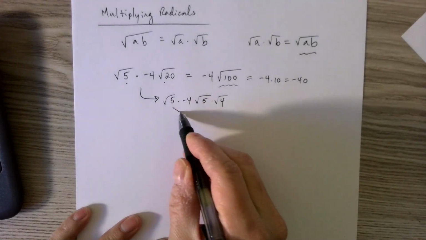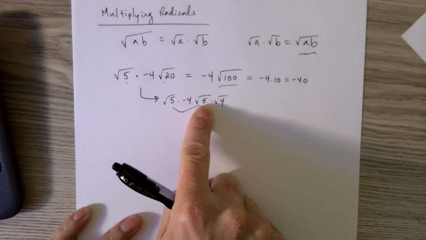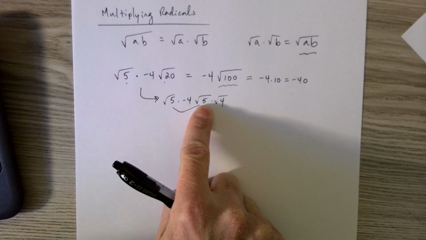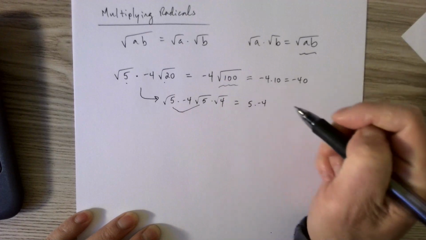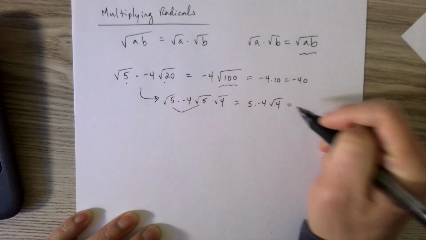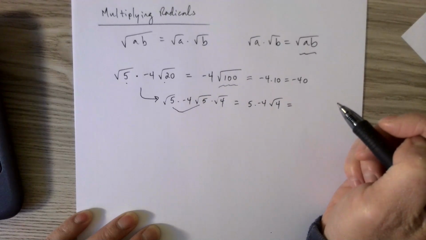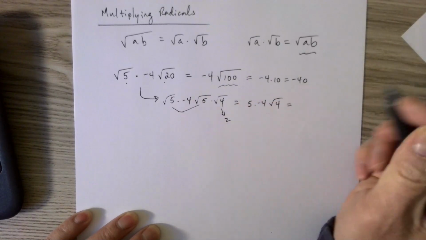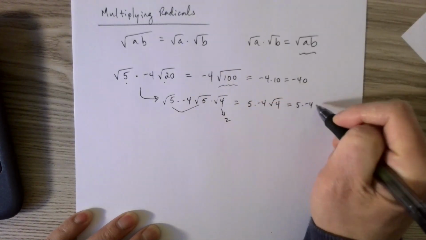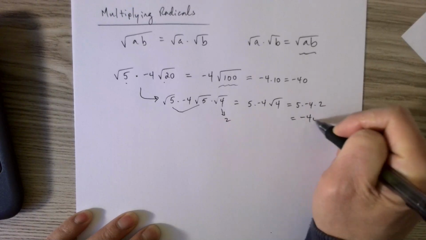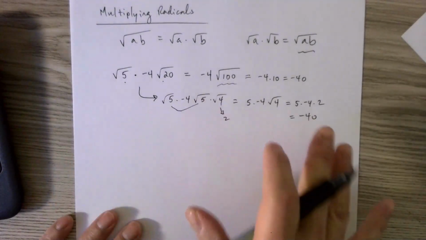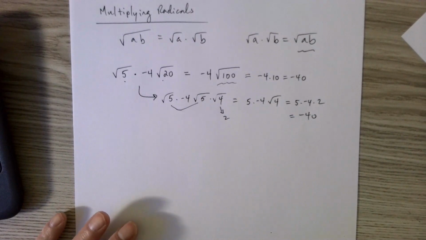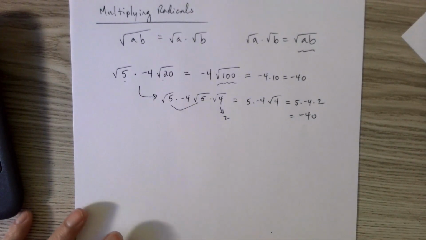And then you see you have square root of 5 times square root of 5, which is just 5, times negative 4, times rad 4. Oh yeah, and then this is 2. So 5 times negative 4 times 2, which is negative 40. Okay, so there are several ways you could get to the answer, especially with rads. There is a lot of flexibility when dealing with radicals.